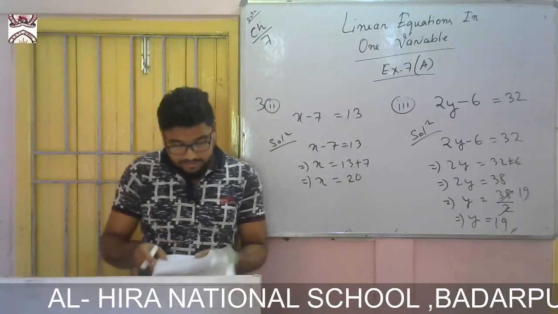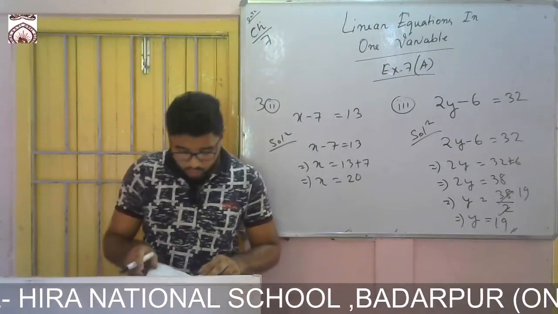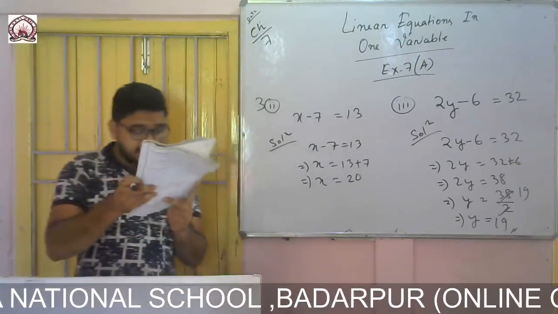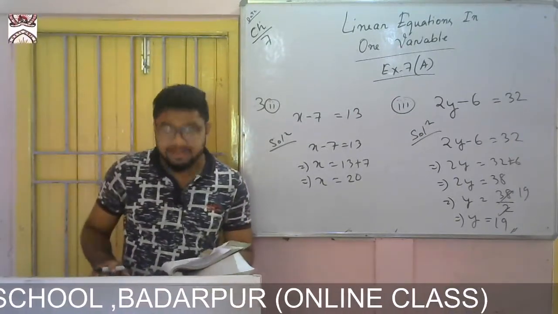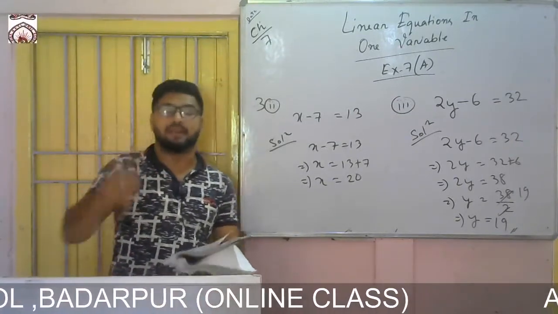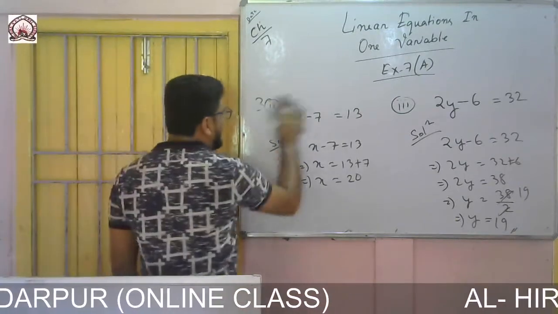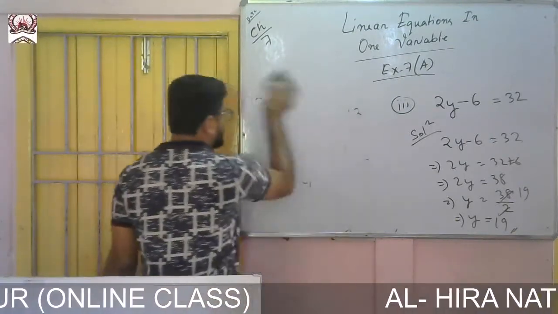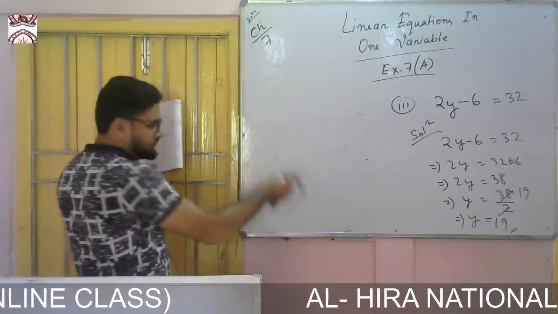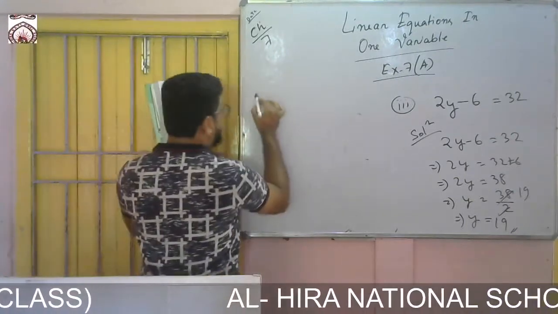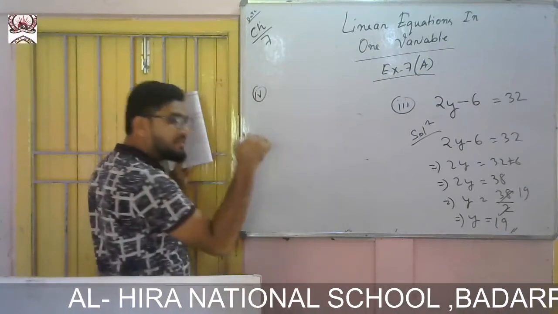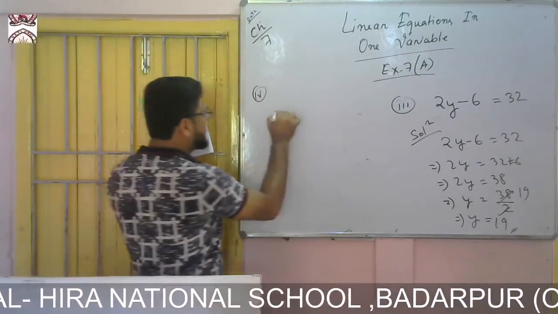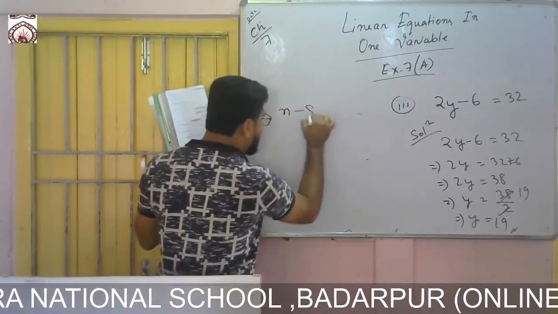Now come to question number 4. If 8 is taken away from the number n, the result is minus 4. So from the number n, 8 is taken away.